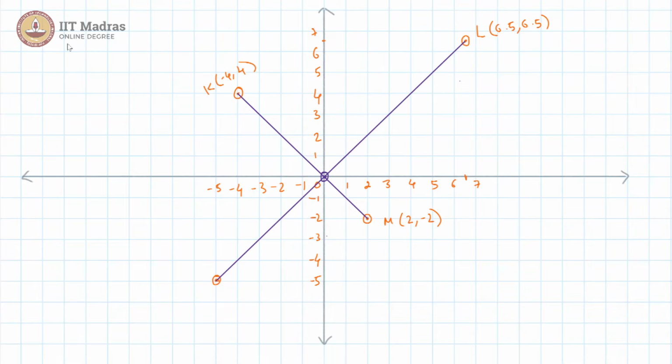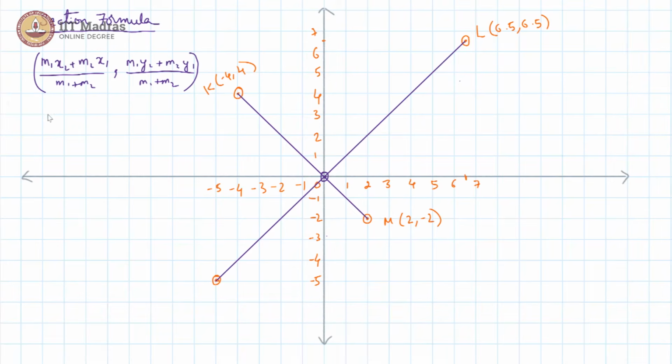When we use the section formula, the coordinates of a point cutting a line segment in a ratio m1:m2 would be m1x2 plus m2x1 divided by m1 plus m2, and then m1y2 plus m2y1 divided by m1 plus m2.